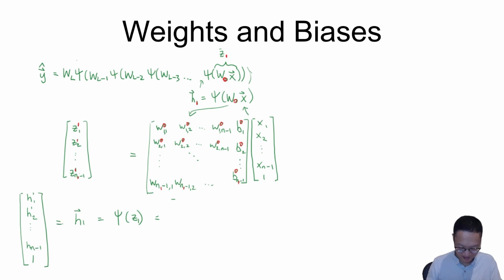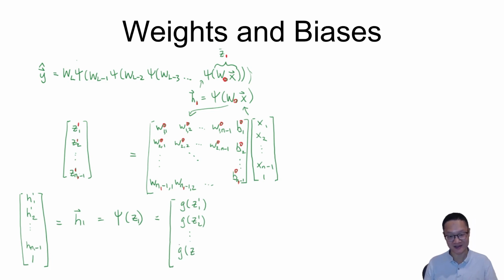So that's where the 1 comes in. And component by component, we apply the activation function g to the first component, z1, and then g to the second component, z2, and so on. Notice that g has no index. It's the same function g, and we apply it to each component of z. And then the last component is just going to be a 1.